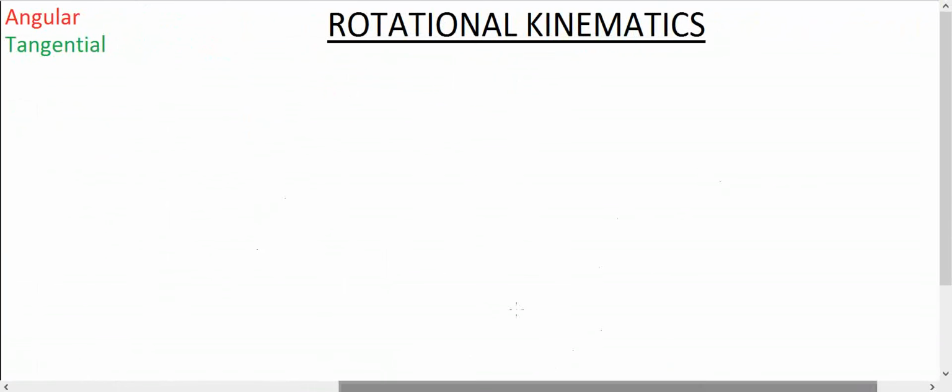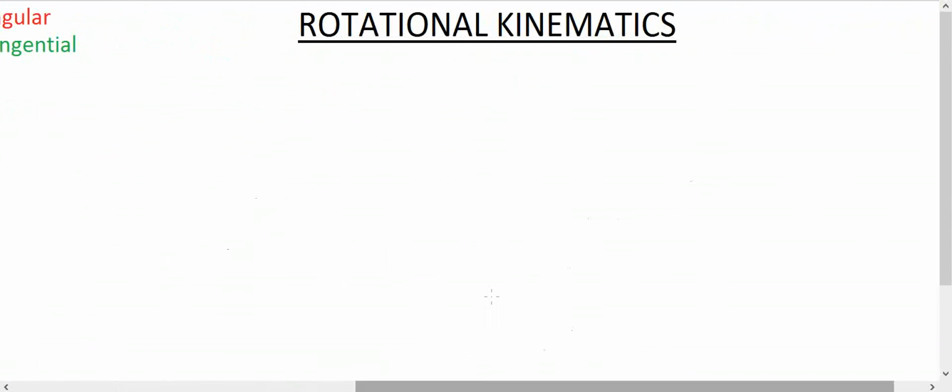Let's use the string and ball example again.